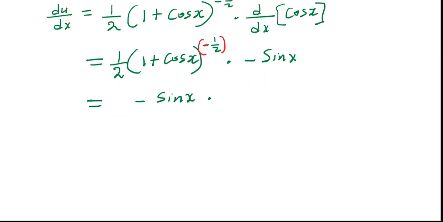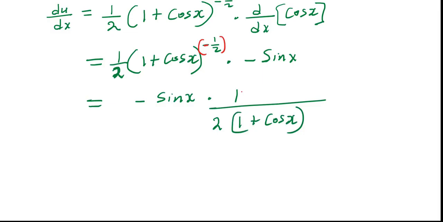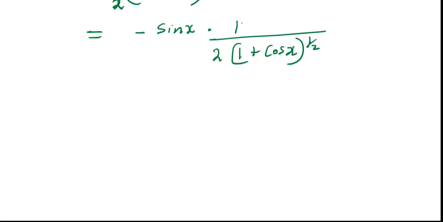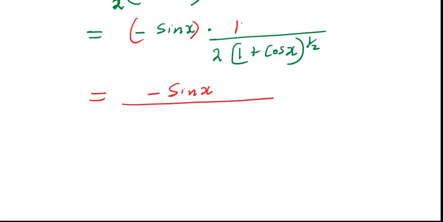So if we do that, then this would automatically become 1 over 2, and 1 plus cos x will now be raised to a positive 1/2, and negative sine x times this 1 will give us negative sine x over 2. This power of 1/2 can be written as a square root, so let's bring it here: 2 square root of 1 plus cos x.